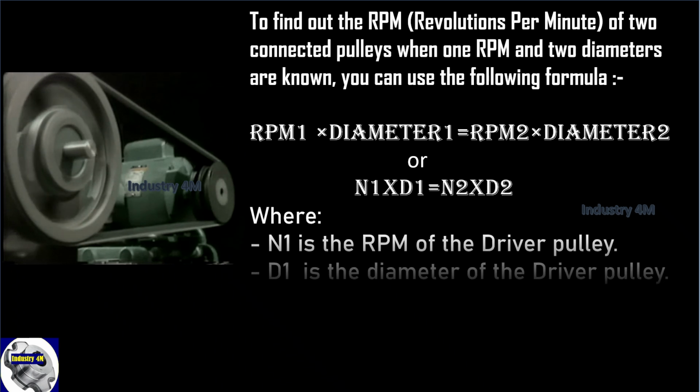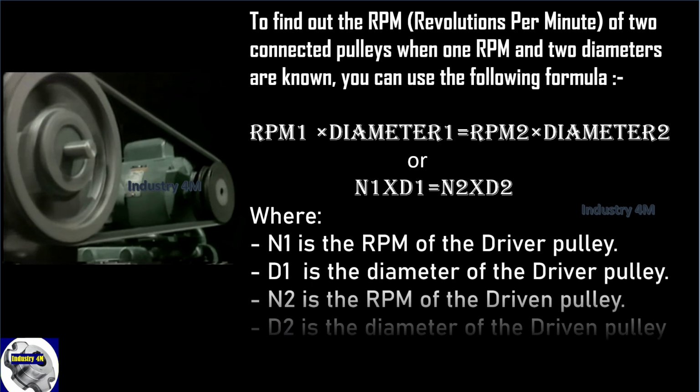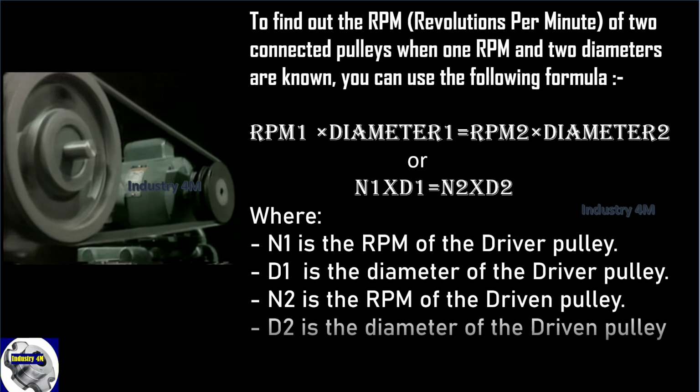Or generally we remember this formula, N1 D1 is equal to N2 D2, where N1 is the RPM of the driver pulley, D1 is the diameter of the driver pulley, N2 is the RPM of the driven pulley, and D2 is the diameter of the driven pulley.